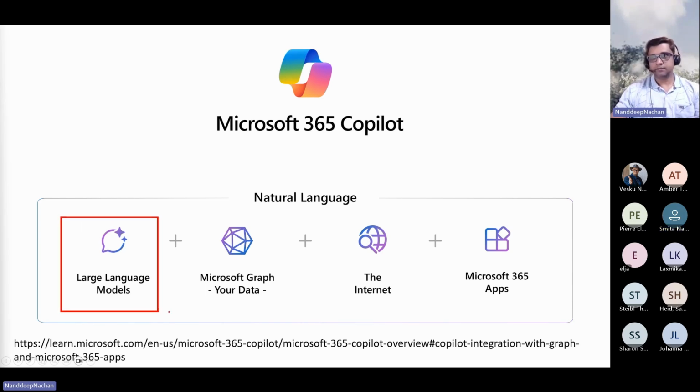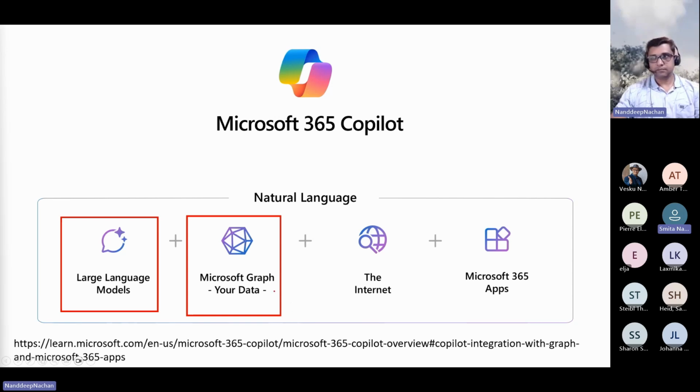The first one is the LLM, the large language models. Copilot is more than OpenAI's ChatGPT embedded into Microsoft 365. It is a sophisticated processing and orchestration engine working behind the scenes to combine the power of LLMs, including GPT-4, with Microsoft 365 apps and your business data in the Microsoft Graph, that is now accessible to everyone through natural language.